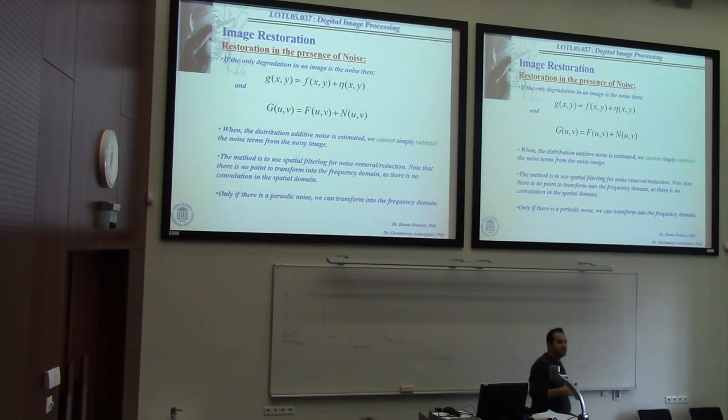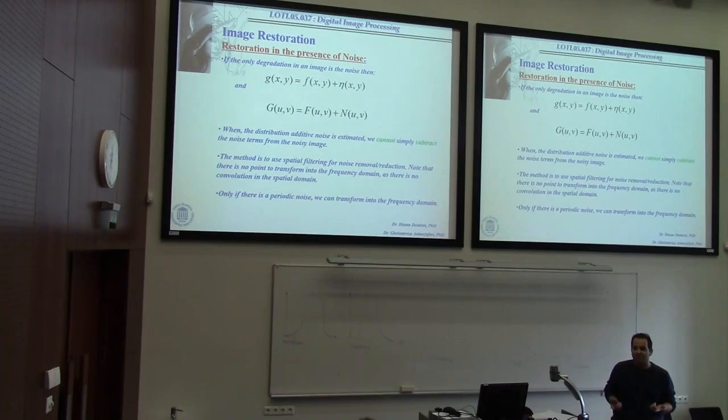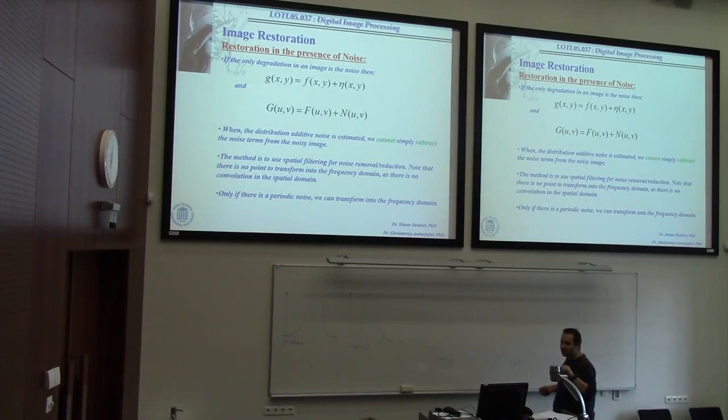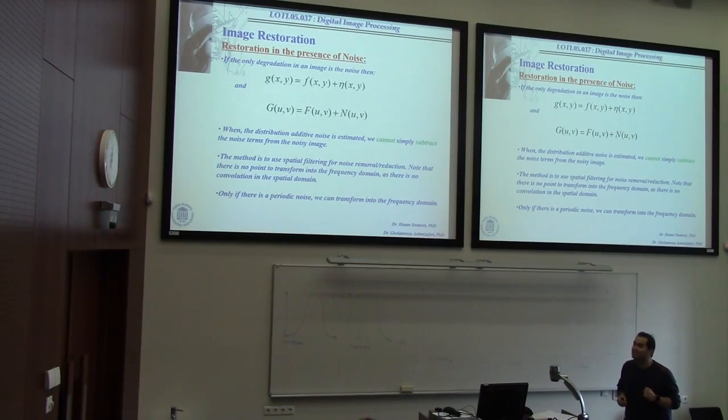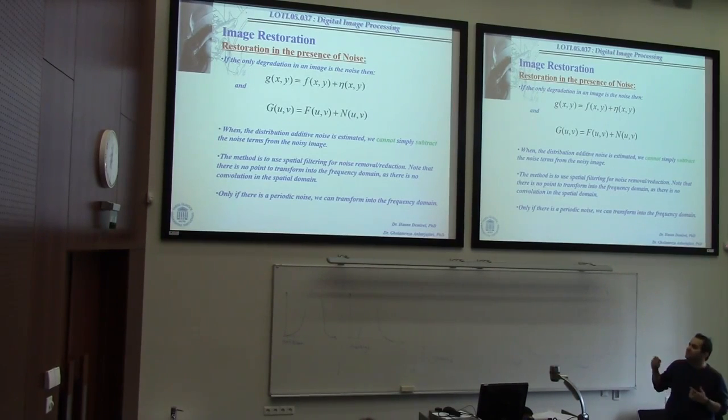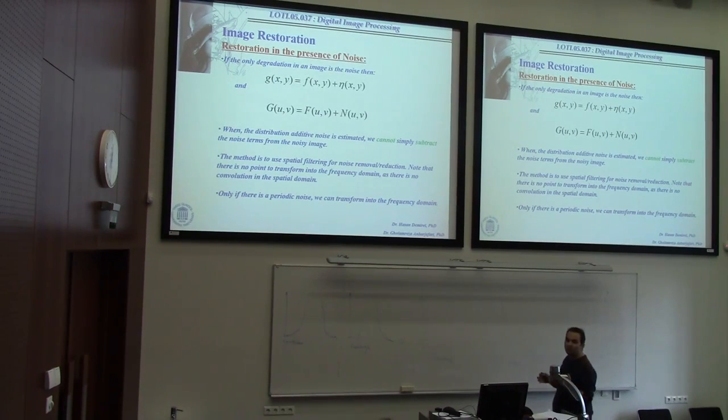It means we have to use some filters to reduce the amount of the noise in the image, because the noise is distributed in all parts of the image.